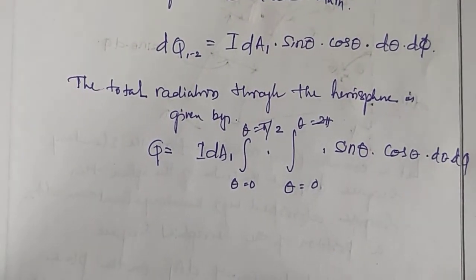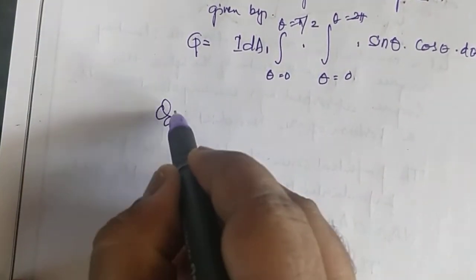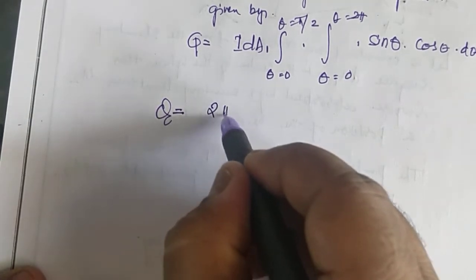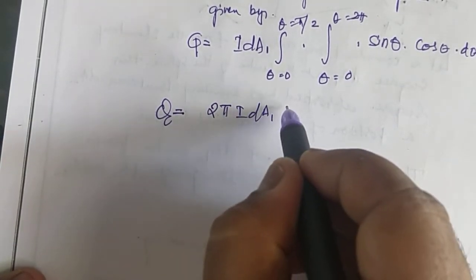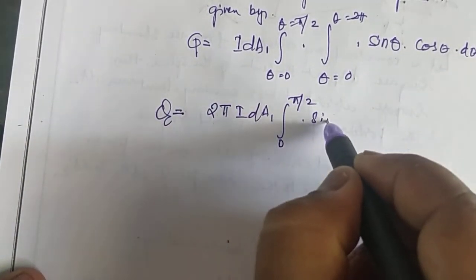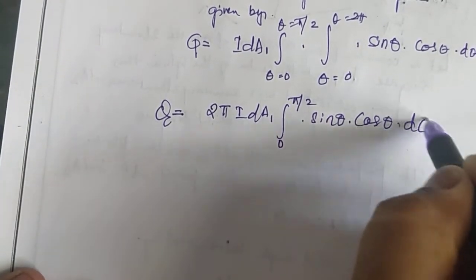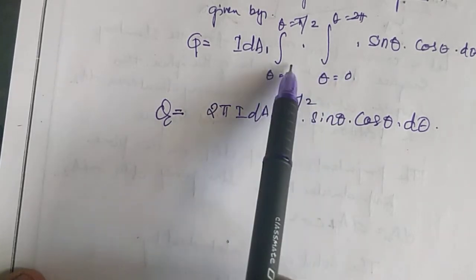Now you can write further Q is equal to 2 pi I dA1 integration from 0 to pi by 2 of sin theta cos theta d theta. As you studied in the previous semesters in maths, it is a double integration.